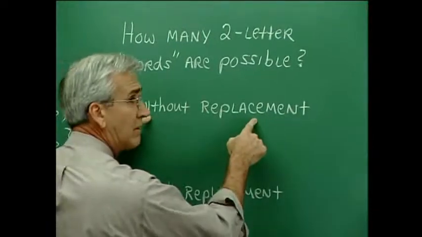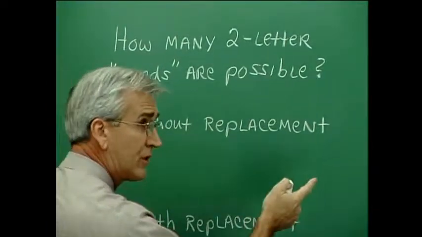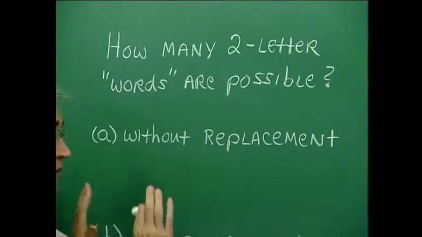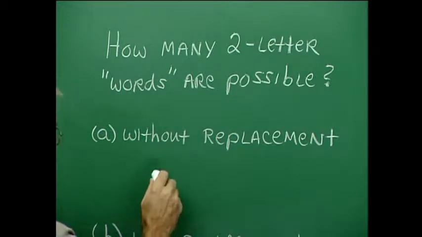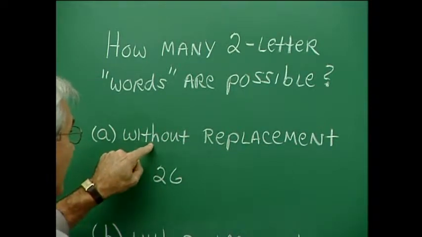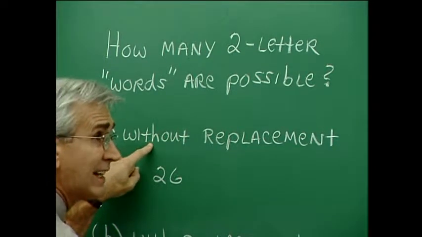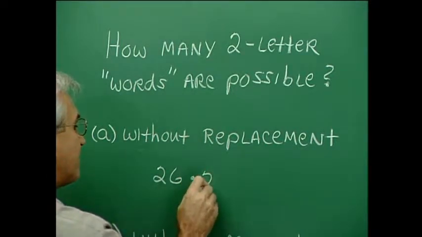Without replacement, that is, without including the first letter in our choices for the second one, it would look like this. Now remember, we're just multiplying the choices here. The number of choices for the first letter would be 26. The number of choices for the second letter, without replacing that first letter back into the mix, is 25.